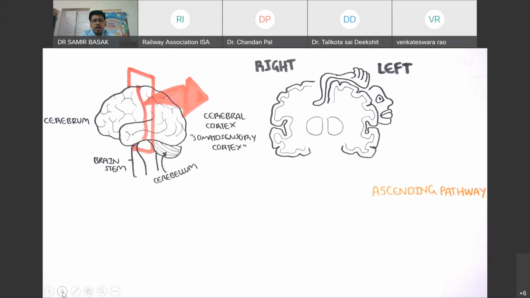In the higher processing center, there is the somatosensory area at the post-central gyrus, somatosensory areas 1 and 2. These are the sensory homunculus. You all know the sensory homunculus: our hand and face mostly cover, then other organs come in the lower side.